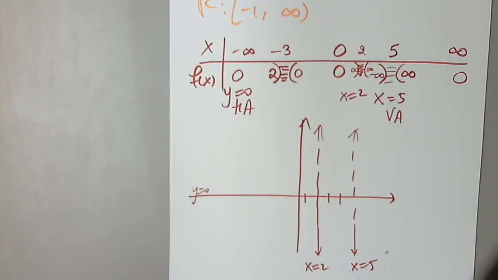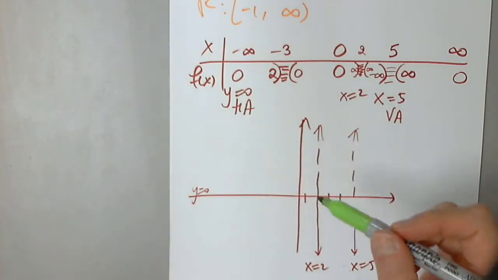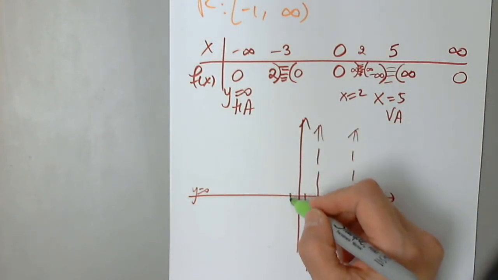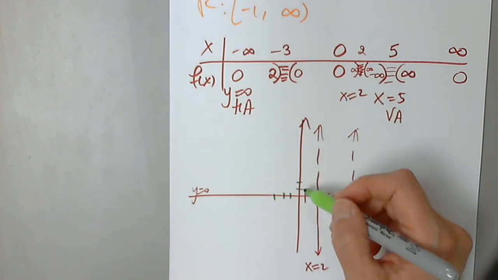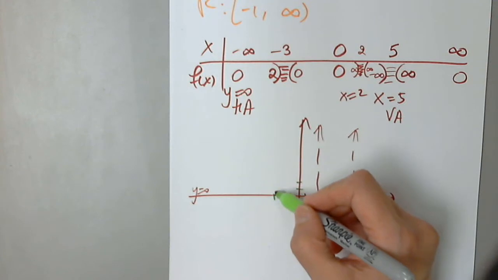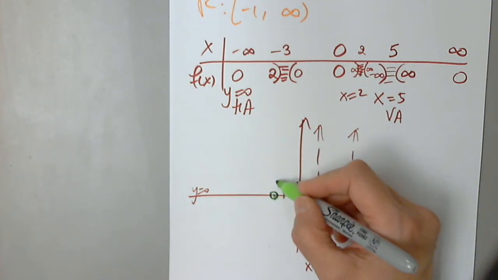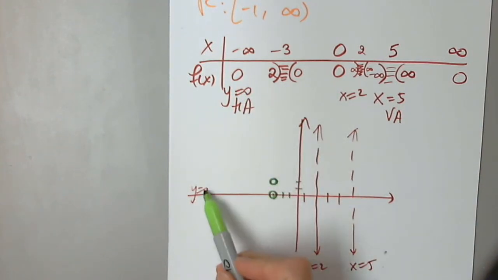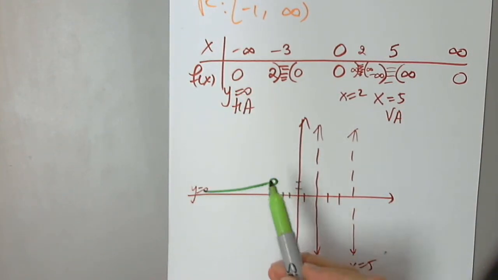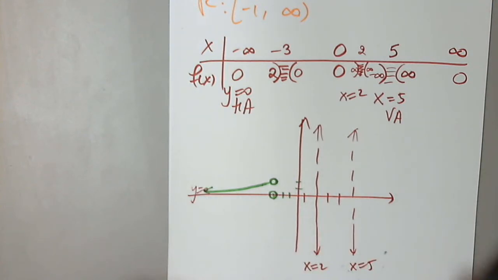And now the graph. Ready? Also at negative 3, on the right hand side is 0, and on the left hand side is 2. So now the graph from 0 to 2, fine. That's one option, not the only option.